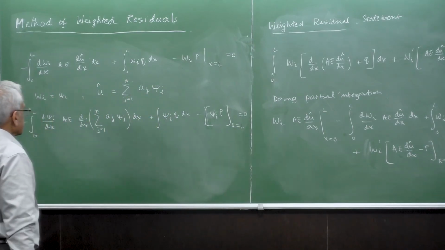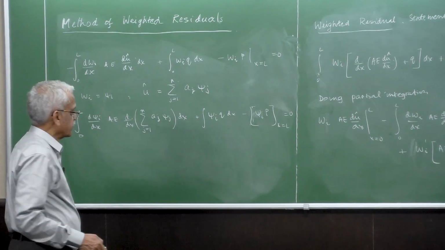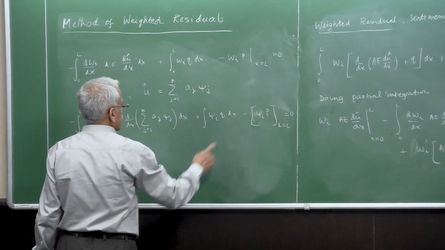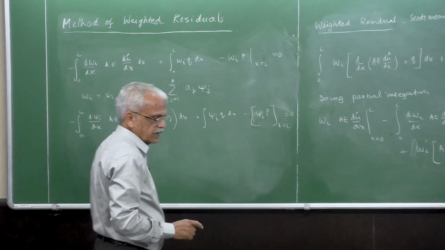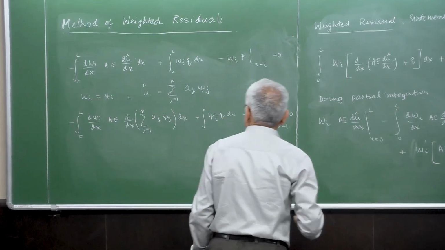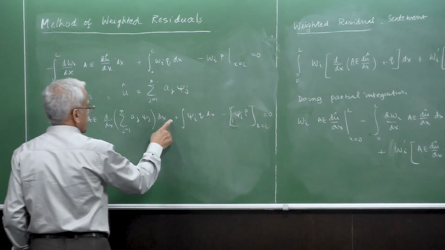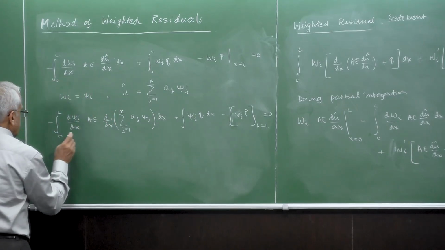Okay, so let's collect the terms properly on the left and right side. There's a negative sign here, and a negative sign here, so what we do is recollect. You can remove this minus and a minus here and a plus there. So let's just recollect it here.